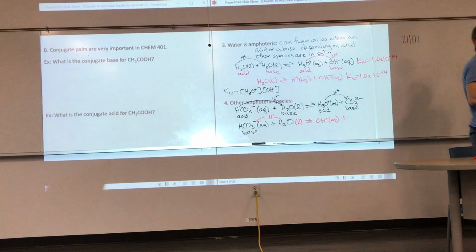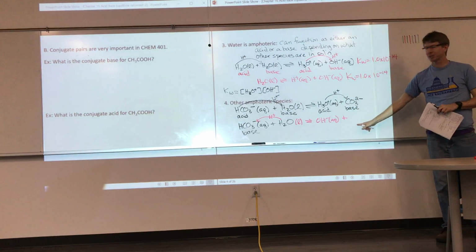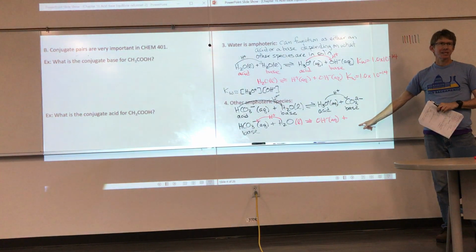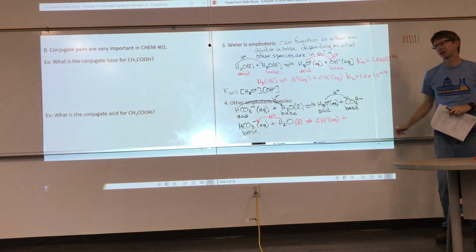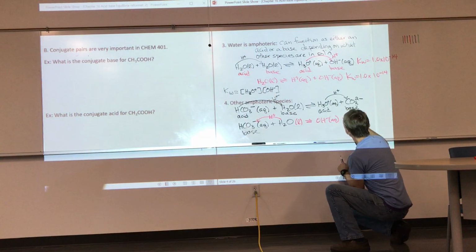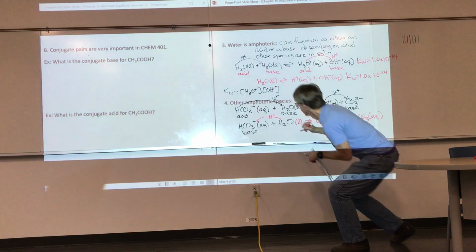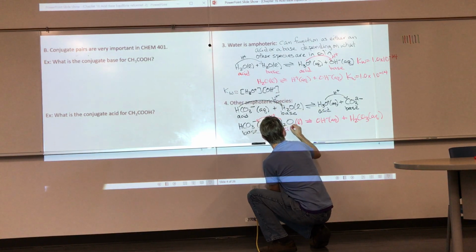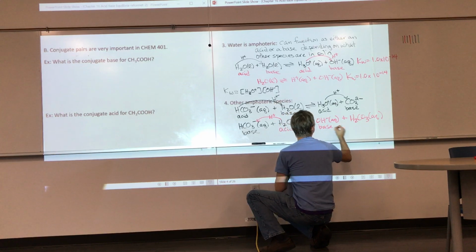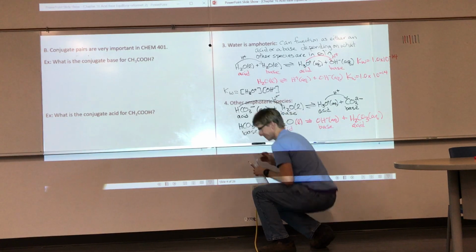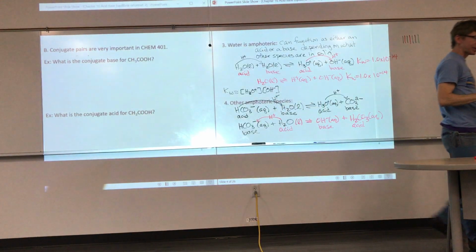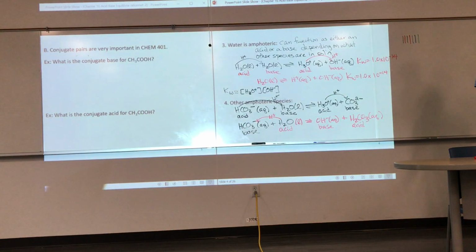And what's the formula of the other species right here? H2CO3, also known as carbonic acid. And we label everything up. We have an acid and a base on the reactant side, an acid and a base on the product side. This is still relatively new, but that is how it will be.